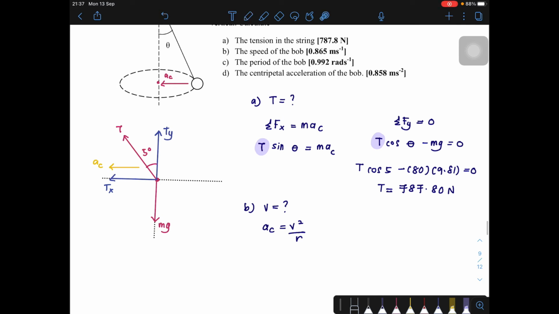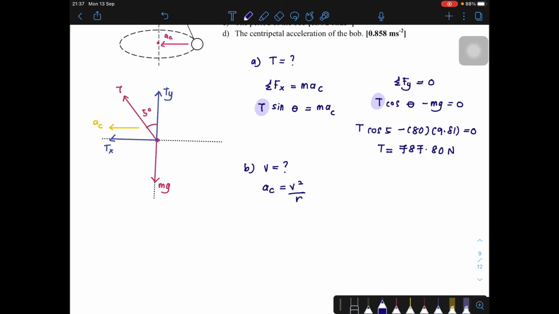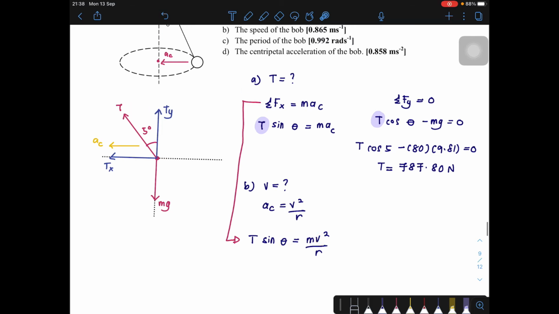Okay, so since kita sudah tahu value untuk T di sini, so here we can substitute this one to here, and then we can find the value for v. Okay, so T sin theta, okay, misalkan gunakan this one, di mana T sin theta sama dengan m v square divided by r, di mana T kita sudah ada, this one.